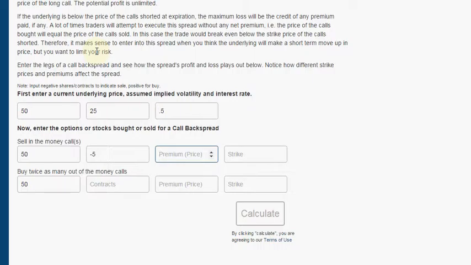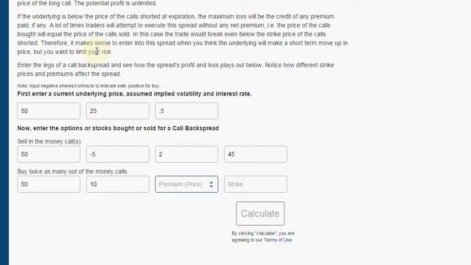Excuse me, that's the premium. So you want to put the premium in there, and the strike's going to be 45. You want to buy twice as many, and the premium for an out of the money call is going to be less than an in the money call because it is worth less. You cannot exercise, or you don't want to exercise, an out of the money call because you would be getting the right to buy.